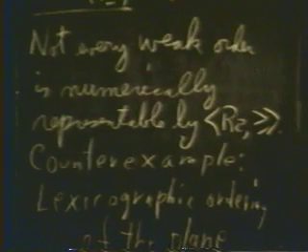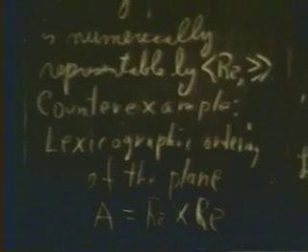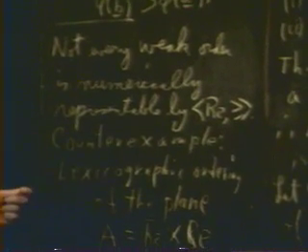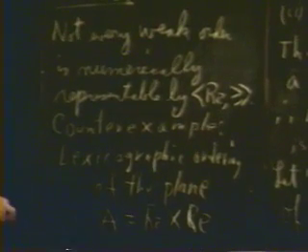We consider the lexicographical ordering of the plane. We're thinking of the plane as given by Cartesian coordinates. So the set A now is the Cartesian product of the real numbers with themselves, R cross R. The ordering relation on the plane, that is the lexicographical ordering, it's called lexicographical because you look at the first coordinate, that dominates the ordering, but if you have equality in the first coordinate, you go to the second coordinate.